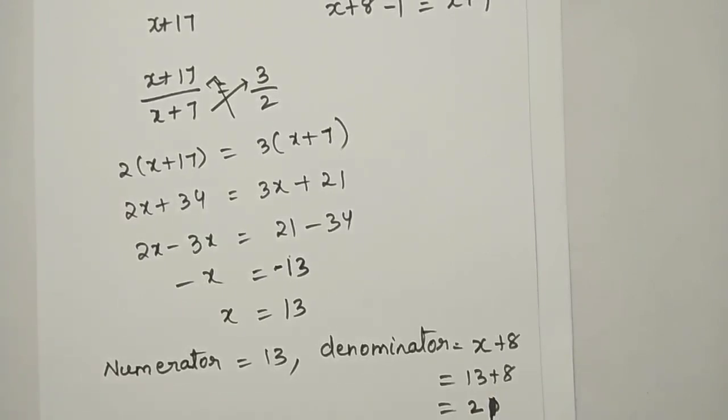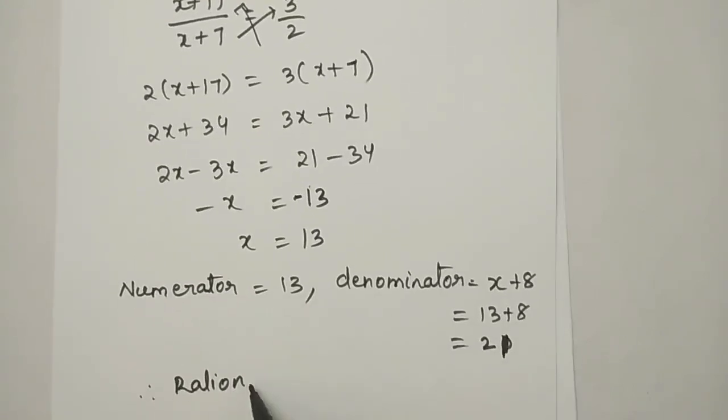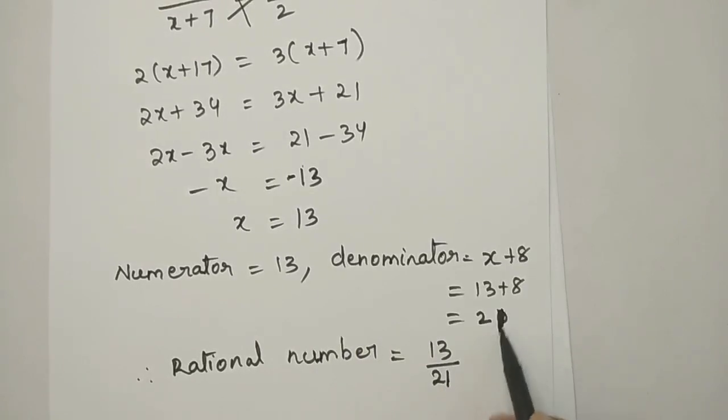So therefore the rational number has numerator 13, denominator 21. This is what they asked to find. Now we are done with the problem. Let us go to the next problem.